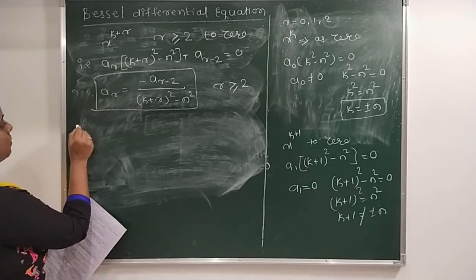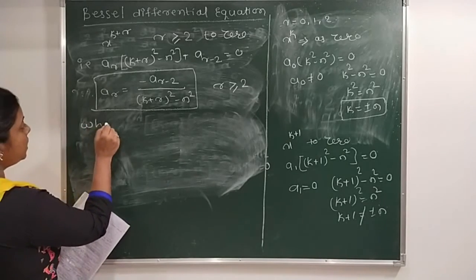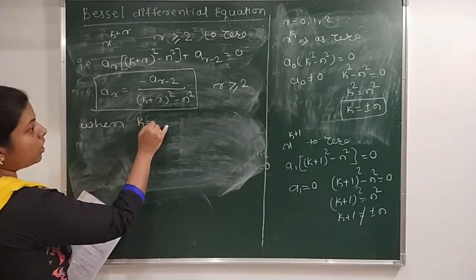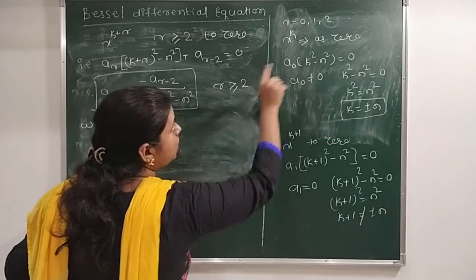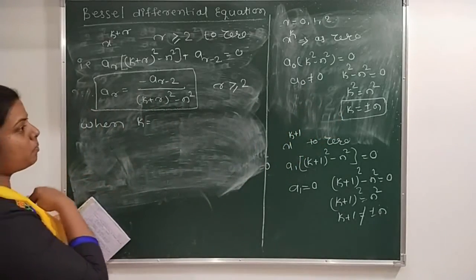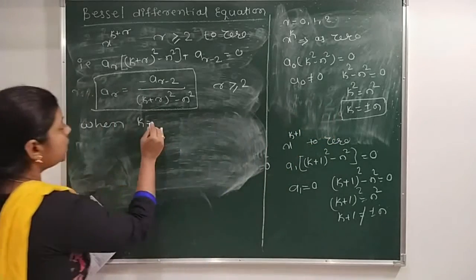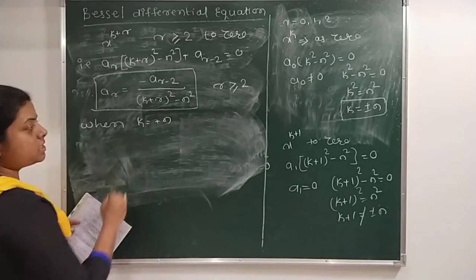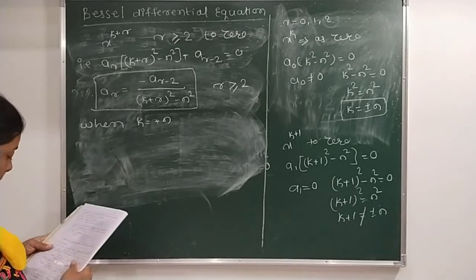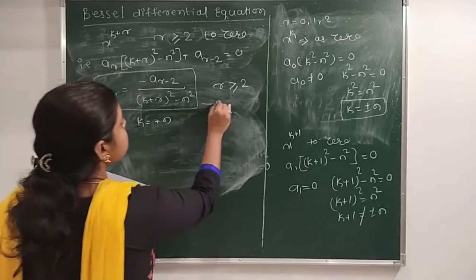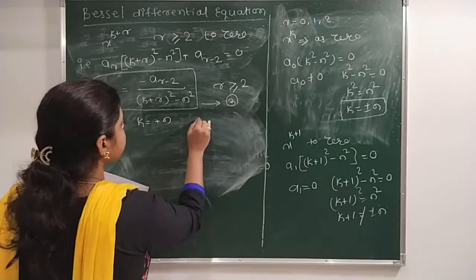Now we have the first case, the k value we got by substituting r equal to 0, plus or minus n. In that we have to take first k is equal to plus n in this third equation.